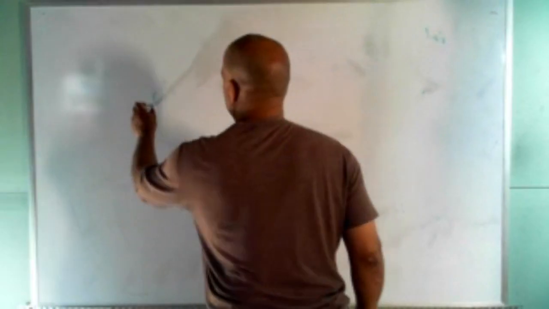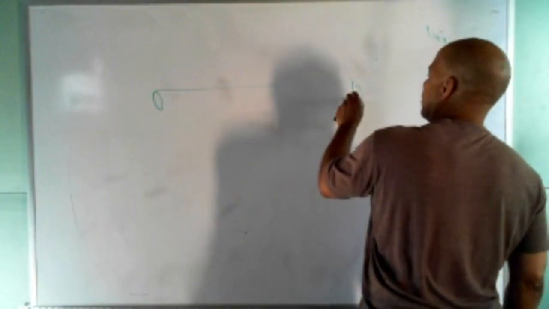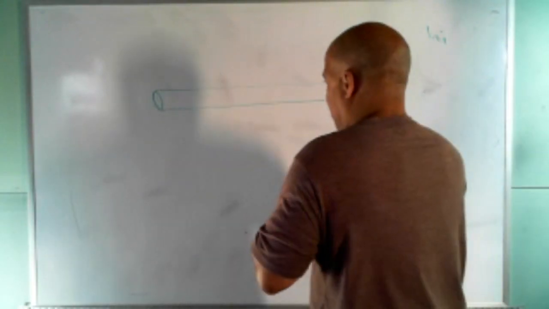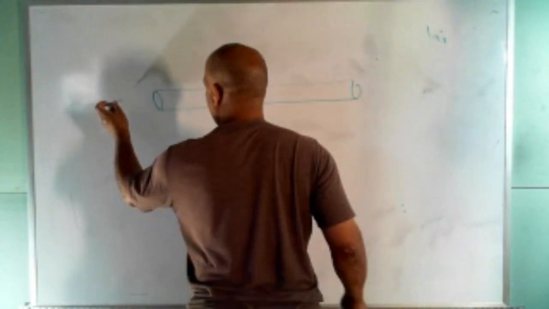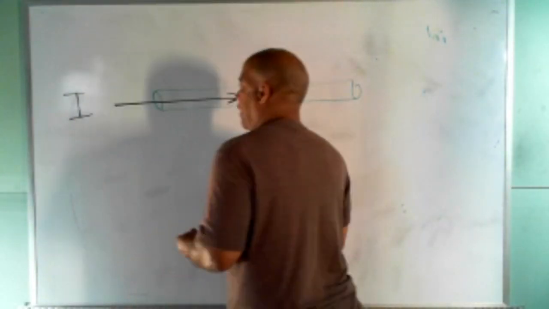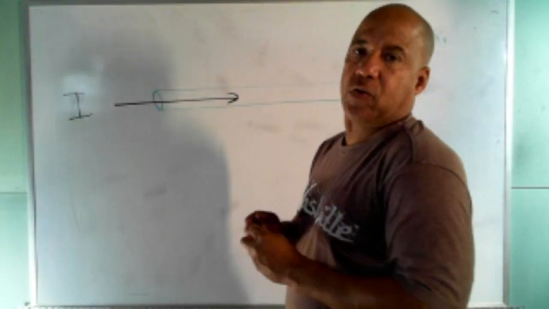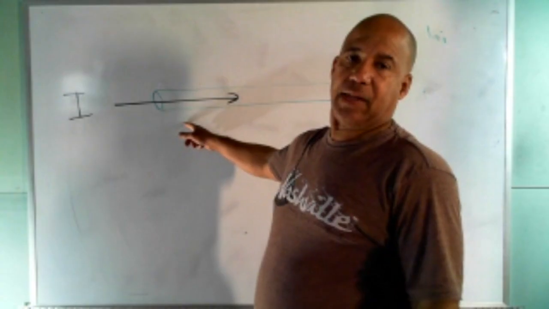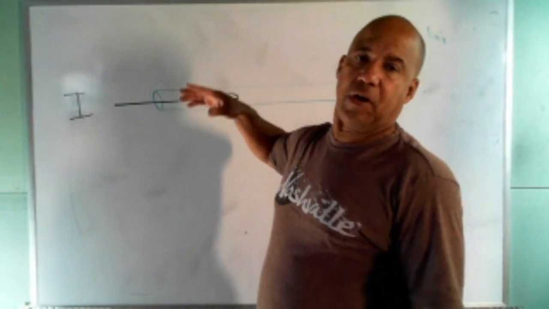Well, if you have a piece of wire, and there's current flowing through the wire, then there's going to be a magnetic field surrounding the wire that's proportional to the current creating the magnetic field. All current flow creates magnetism.